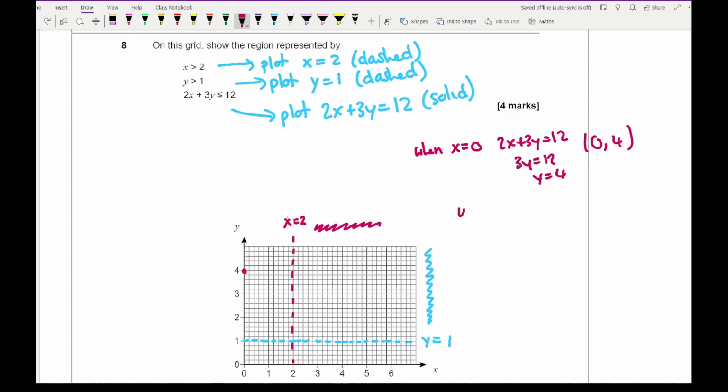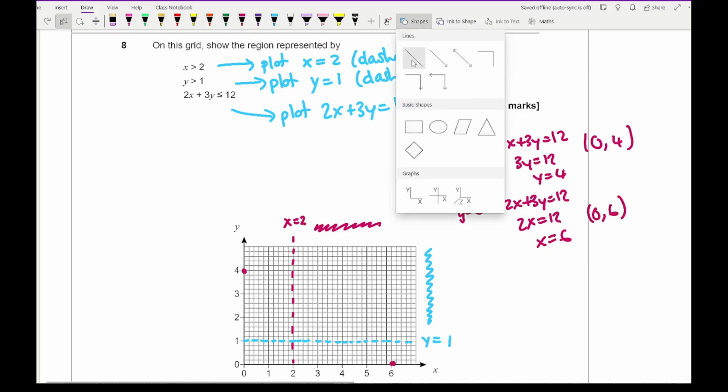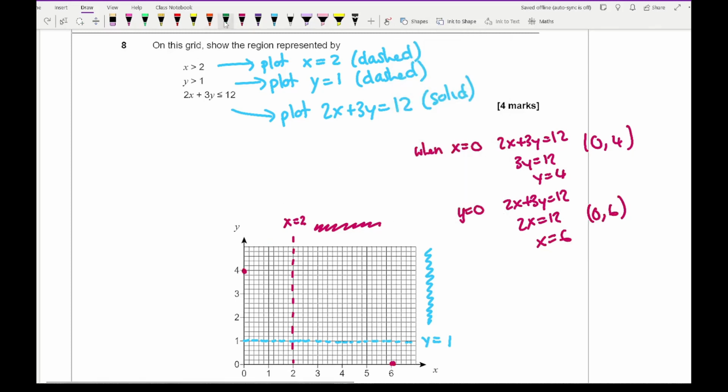And when y is equal to 0, 2x equals 12, so x equals 6. So another coordinate is 6, 0, which is here. Now if I draw a solid line through those 2 points, I'm going to use a different colour, let's go for green, and connect those up. And I do want a solid line.